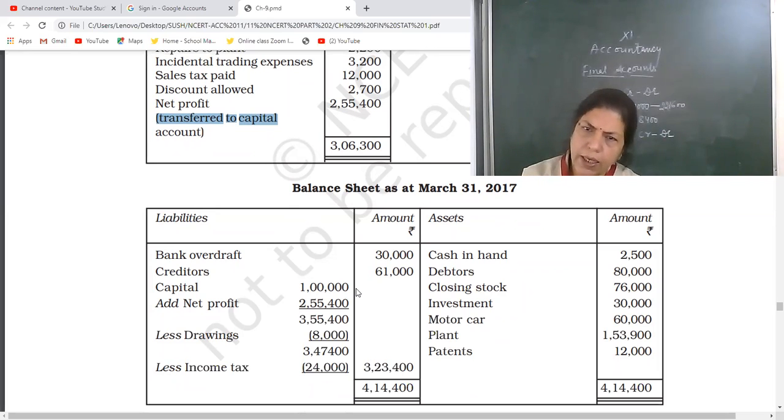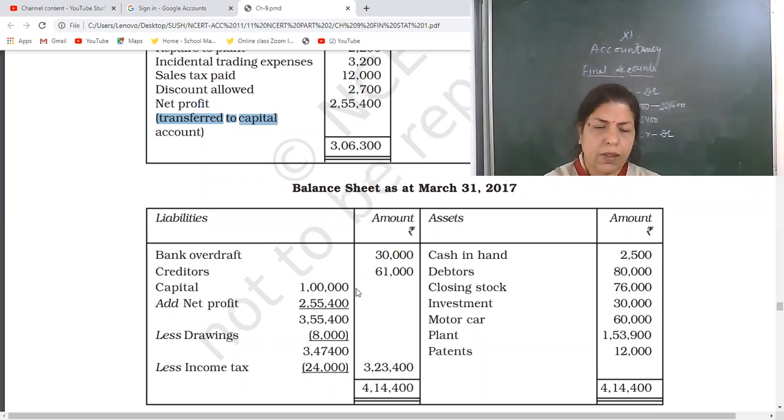Simple way: left side is for liabilities, right side is for assets. Now, on the left side, we already marked that bank overdraft is a liability, because the proprietor had taken withdrawal more than their deposits. That's a type of short-term loan.